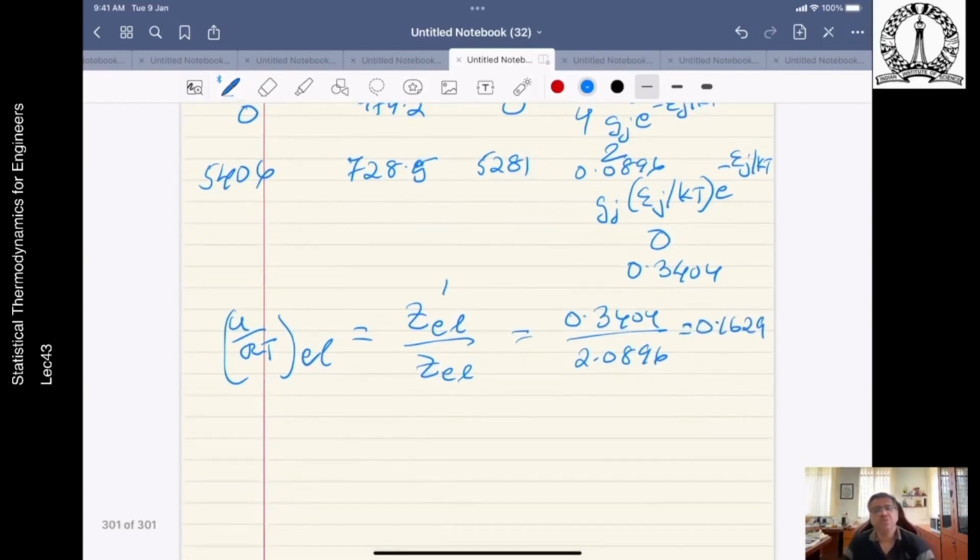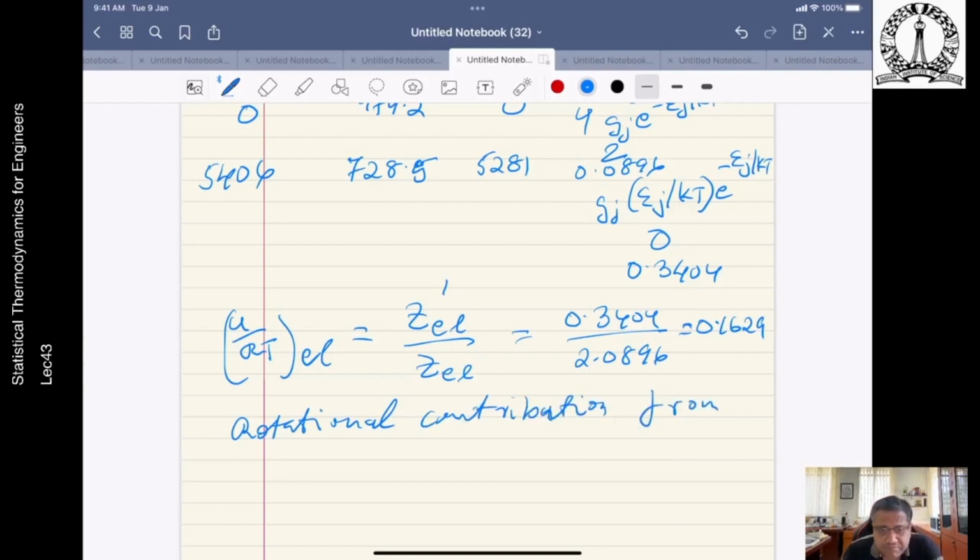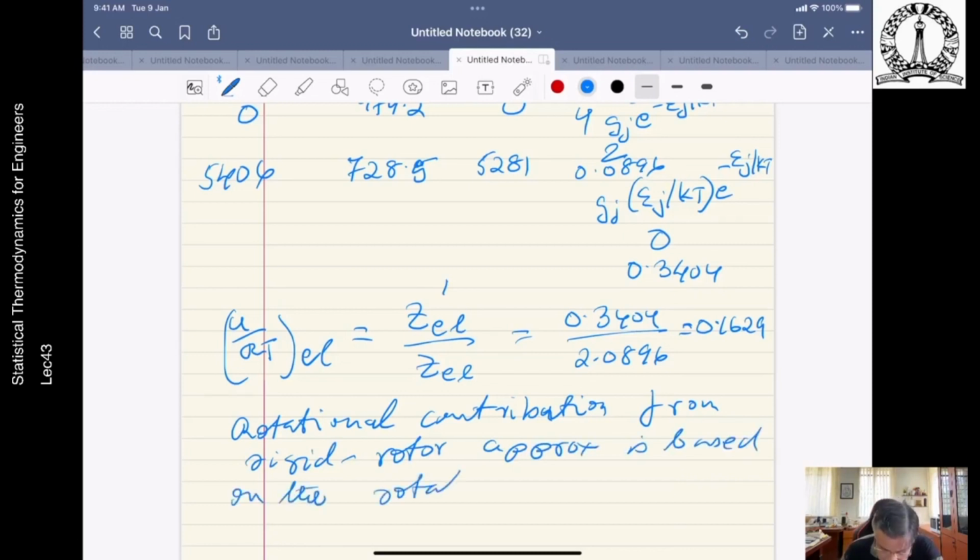The rotational contribution from the rigid rotor approximation is based on the rotational constant, which is BE, given as 0.6414 centimeter inverse.